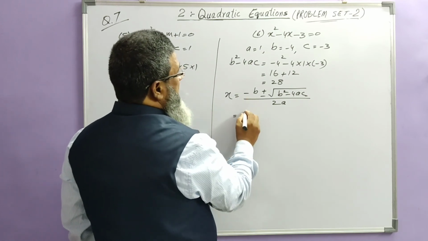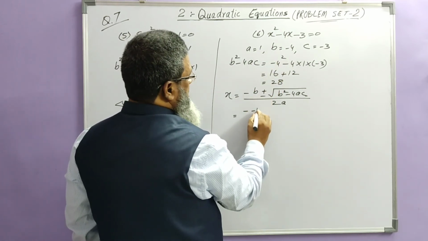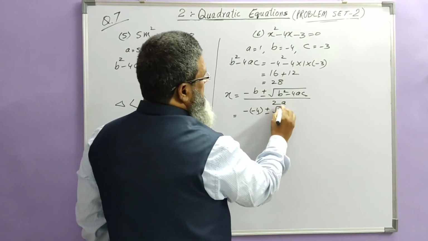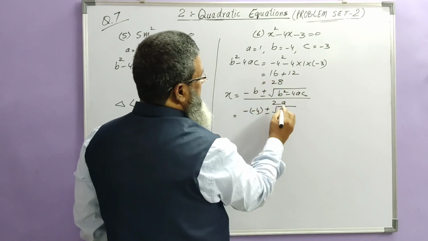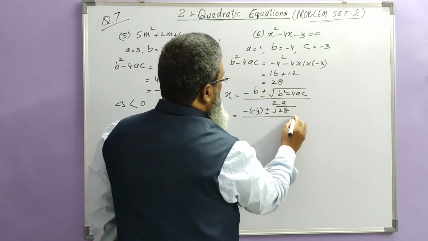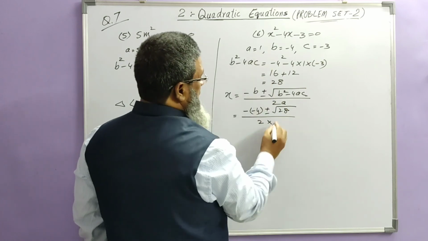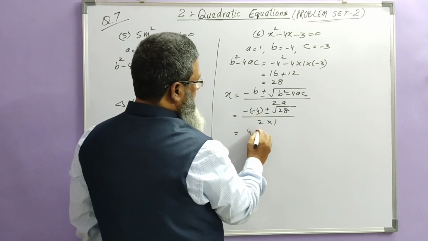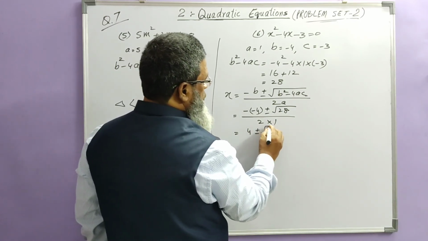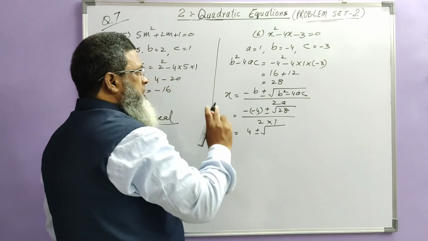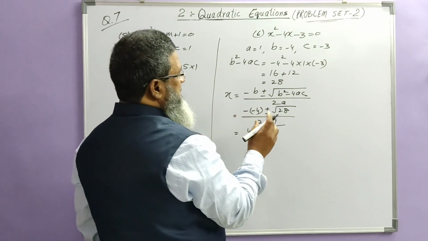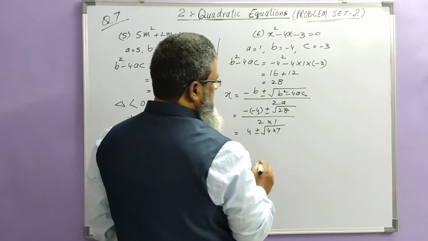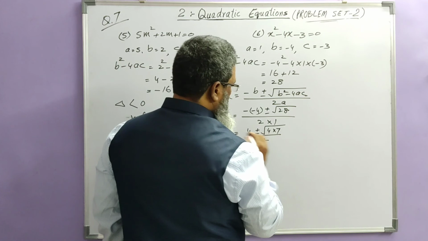Substitute the value, minus b is minus 4, two signs, keep it in bracket, plus minus root b square minus 4ac is 28 upon 2 into a is 1. So we'll get 4, this minus minus plus, 4 plus minus root 28. 28 you divide in two parts such that one is in the form of a square. So 4 into 7 upon 2.